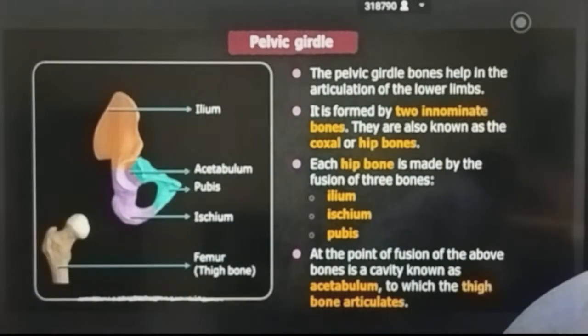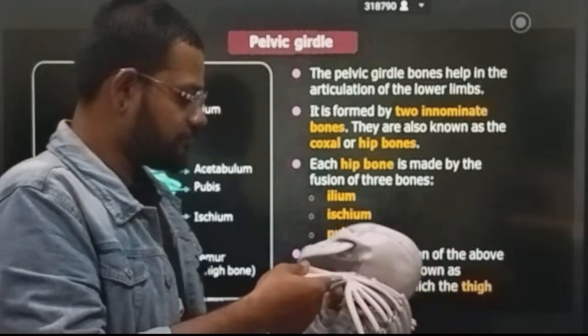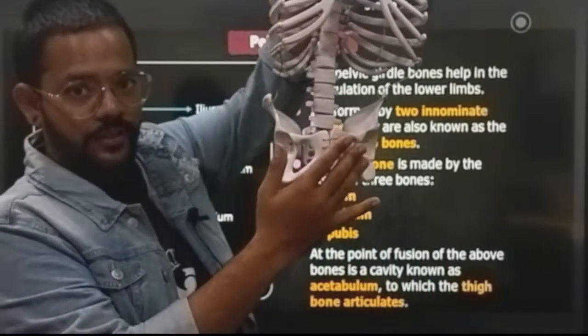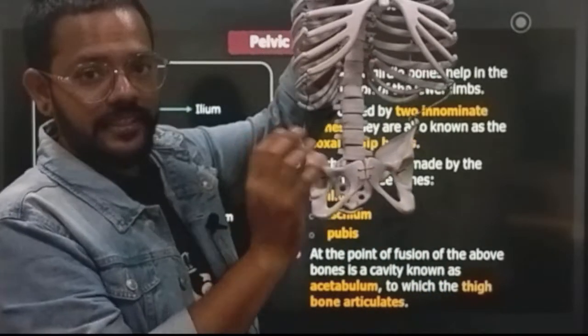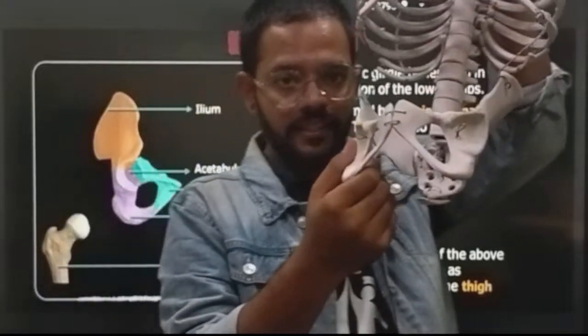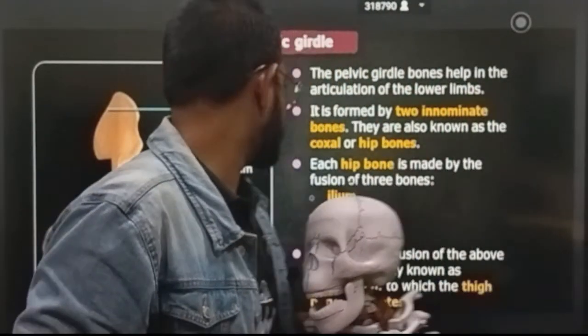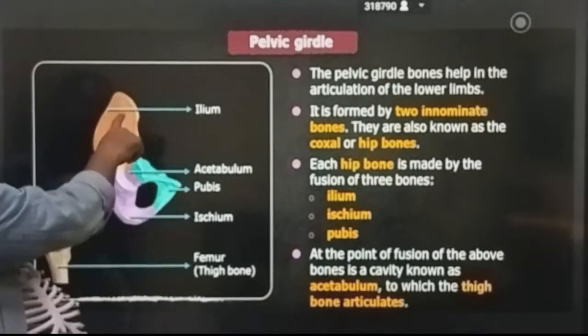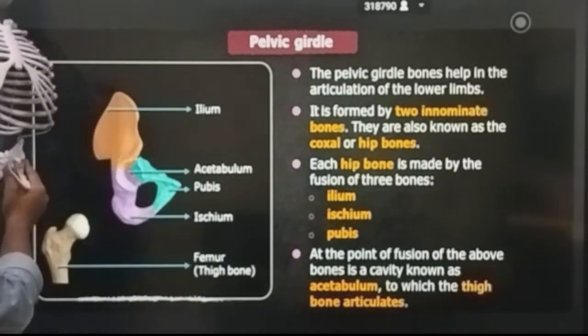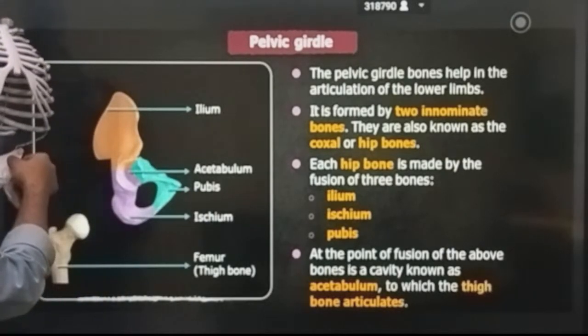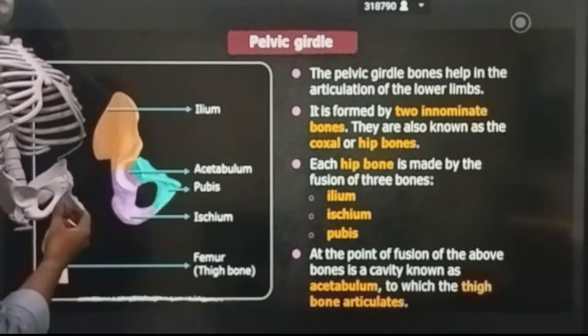Now you can see here, I will show you. This is your hip bone, and it is made up of 3 bones in one half, here 3, here 3, but these 3 are jointed with each other. Here you can see, this large one is the ilium. Then you have the acetabulum cavity.